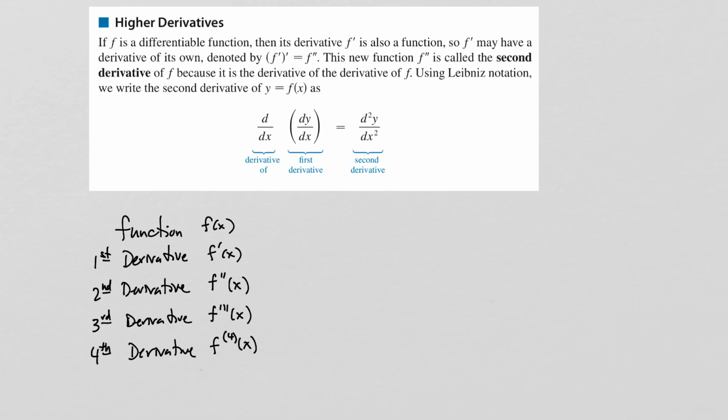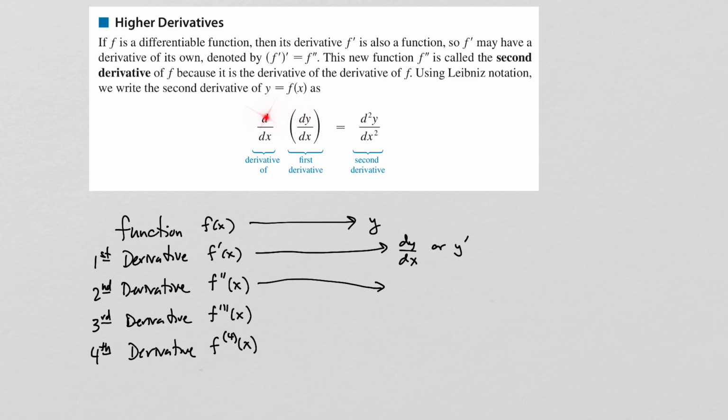Now, if you want to look at the Leibniz notation, which is this kind of notation, once again, your original function now would be called y. Your first derivative we know would be dy dx, or we could call it y prime. Your second derivative, and you can kind of see it here, is when you take the derivative, so d dx, of your first derivative.